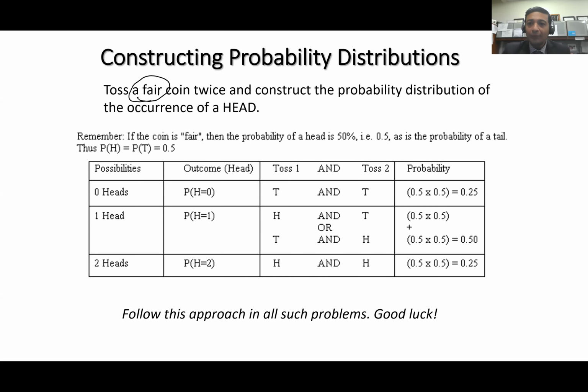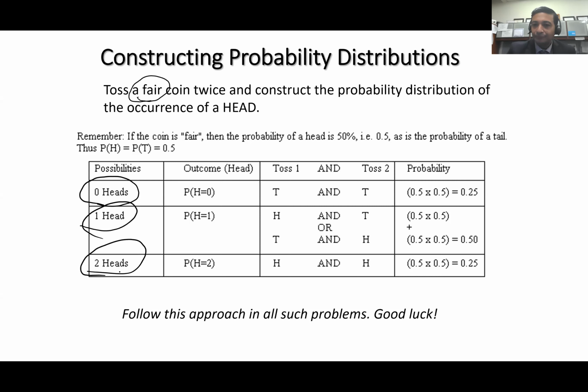So if you toss a fair coin twice and construct the probability distribution of the occurrence of a head, the idea is how many possible outcomes can there be? I have taken a coin, I have tossed it twice. It is very much possible that I don't find a head in either of those tosses, right? So it can be 0 heads, it can be 1 head, it can be both heads.